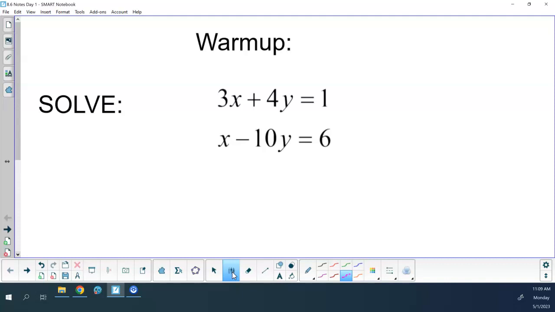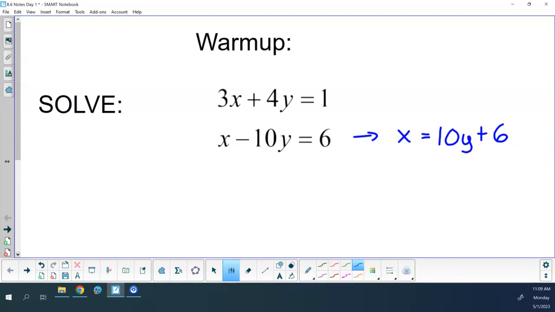Okay? So if I solve the bottom equation for x, I get x equals 10y plus 6. Agree? What do we do after we solve one of the equations for one of the variables?